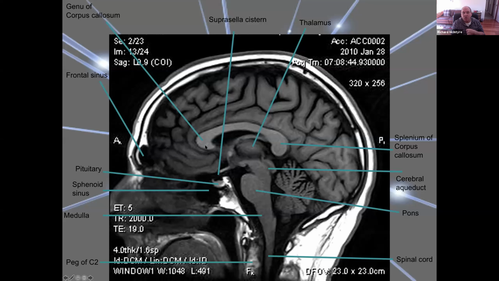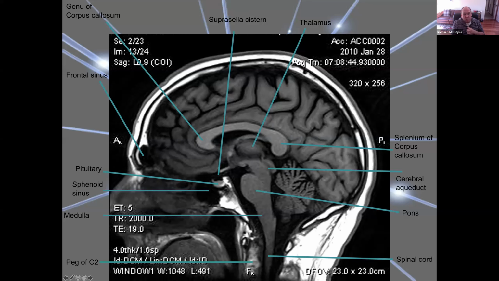Okay, our corpus callosum, as I mentioned earlier, we've got the genu and the splenium, front and back. Frontal sinus, again, it's hard on an MRI scan, because we get little contrast between the frontal sinus and the bone.